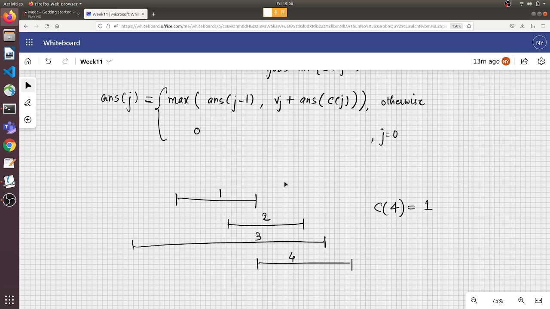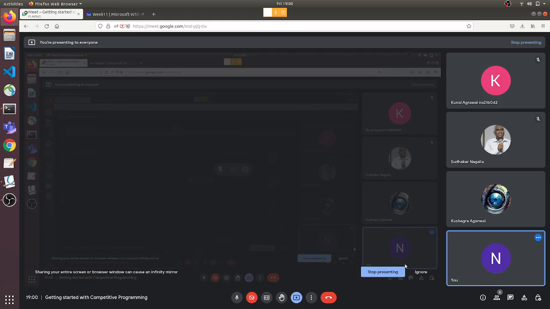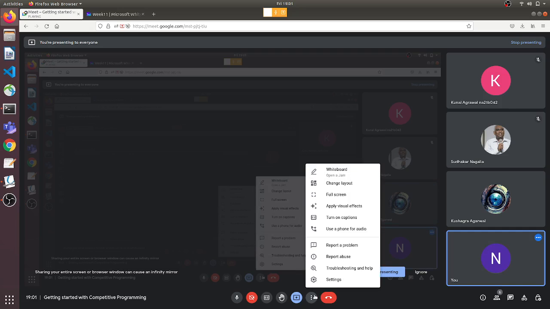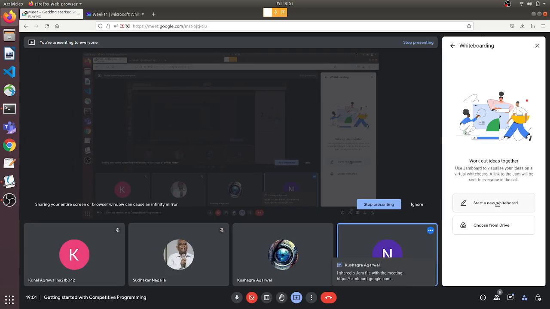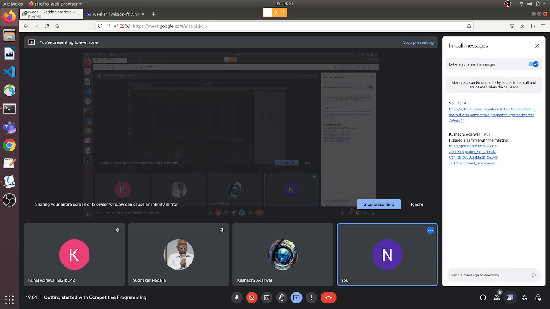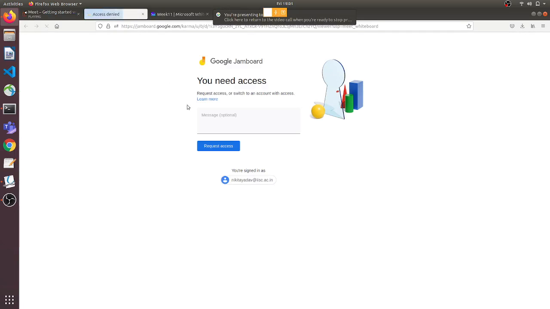Can I use the whiteboard in some way? Yeah. I can share the Jamboard. I think there is a Jamboard here. No, it's not working.